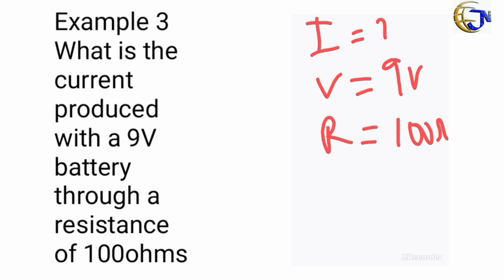And remember the triangle. Please always remember, we have V here, we have I here, we have R. So we are looking for I. If we cover the I, we will have I to be V over R. So let's use the formula V over R to find the current.